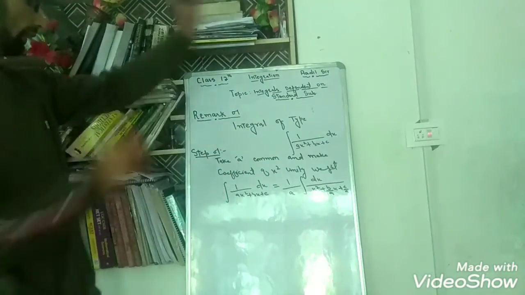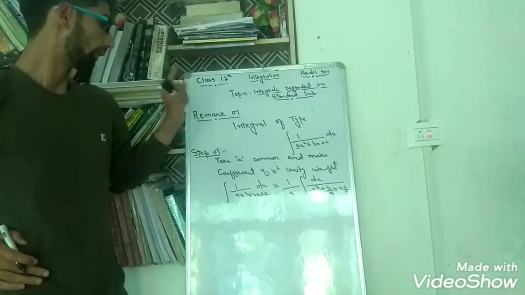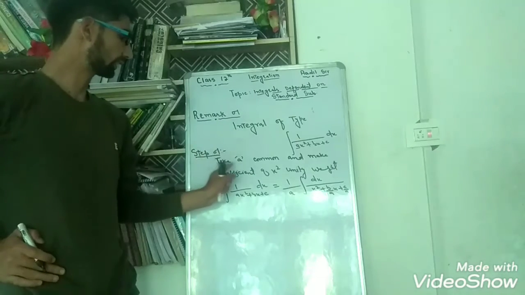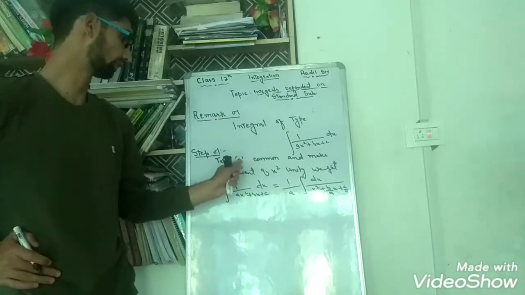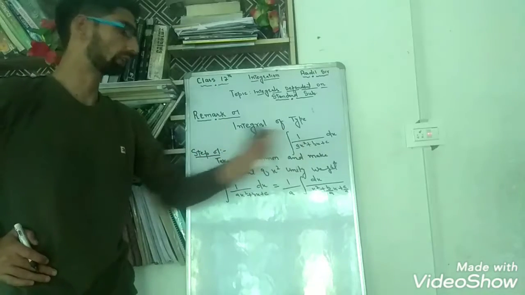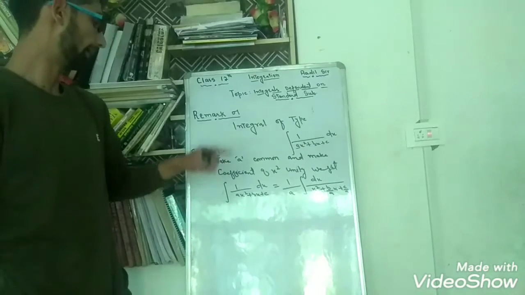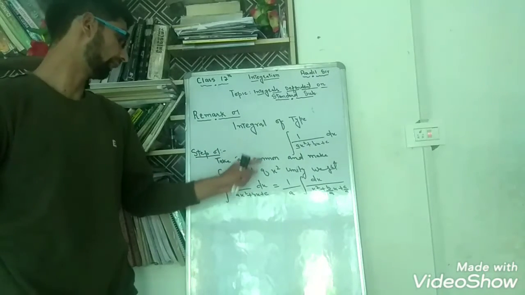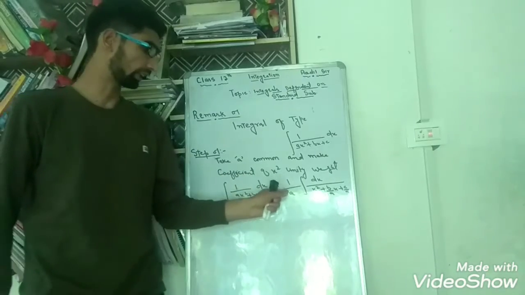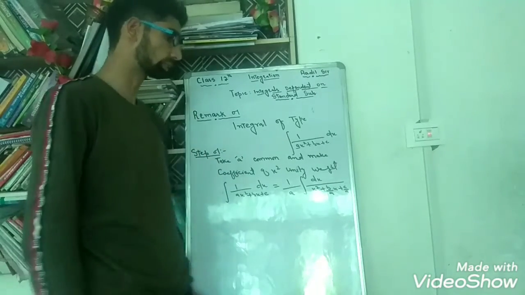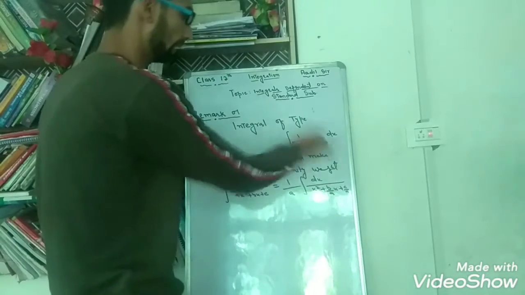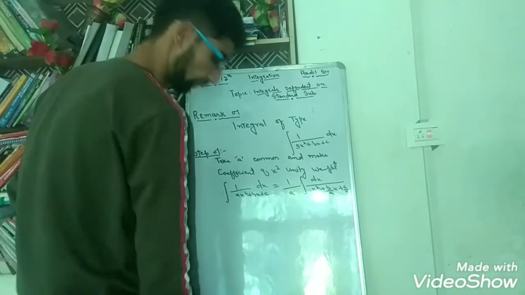What we have done in the first step: we have taken this a as common, and when we take this a common, we get the quotient of x square as unity, and then we got our integral of the form 1 divided by a, dx divided by x square plus b divided by a x plus c. This is our first step.